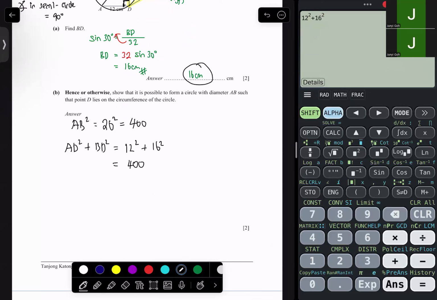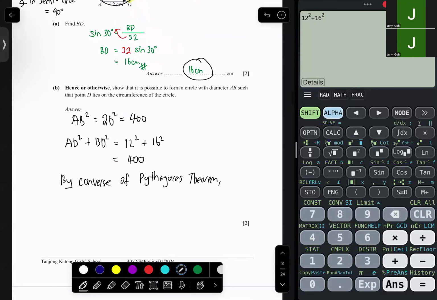So then we have to state by converse of Pythagoras theorem, AB squared is equal to AD squared plus BD squared.